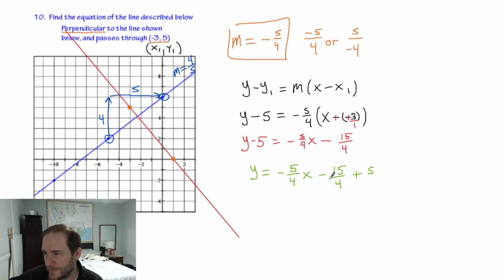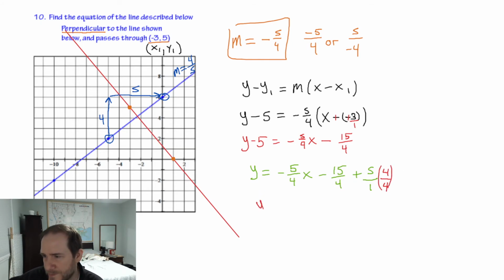And so hopefully you remember that to add a fraction and a whole number, I need a common denominator. So I basically just want to express this 5 as a fraction whose denominator is 4. So I'd have to multiply the bottom by 4. But if you multiply the bottom by 4, you have to multiply the top by 4.